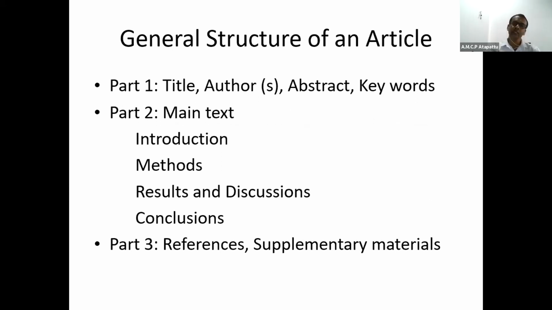When you are taking a research article, it consists of three parts. The first part is the title of the study, and the author or authors, if you are going to present a combined paper, collaborative with other researchers, then the abstract and keywords.